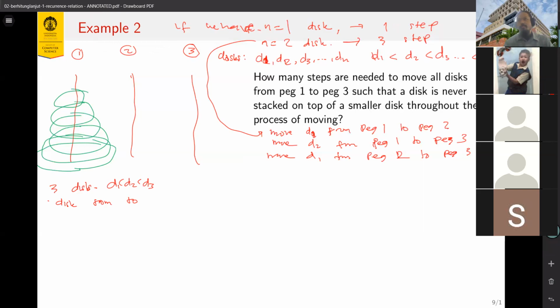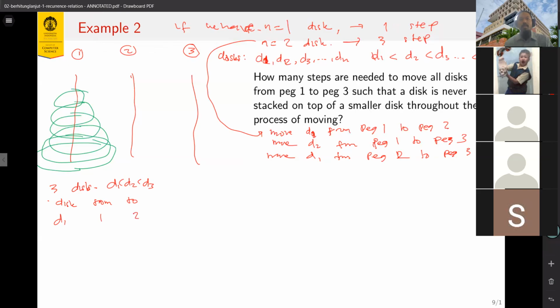Hello? No one? What will be our first step? Which disc do we move? The smallest one. D1, from peg 1 to peg 2.